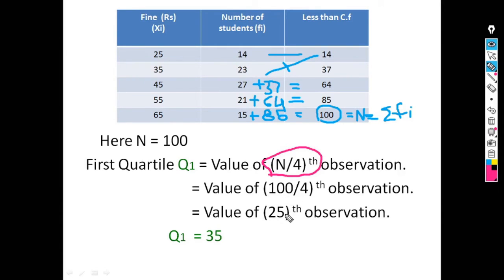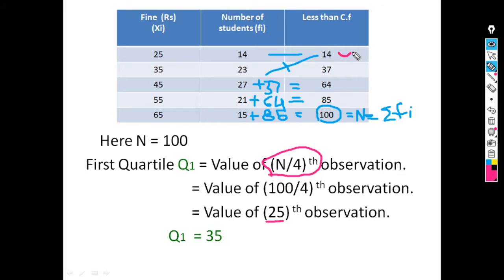So Q1 is not equal to 25. Q1 is the value of 25th observation. So the value of 25th observation is 35. Means you have to check in the less than type cumulative frequency the value which is just greater than 25.